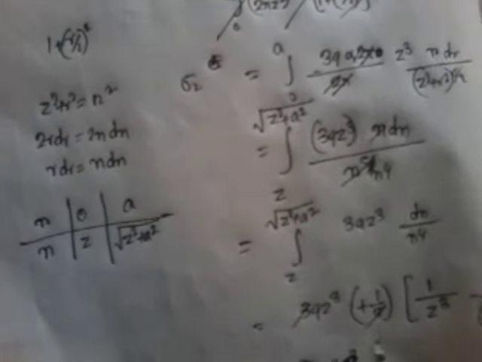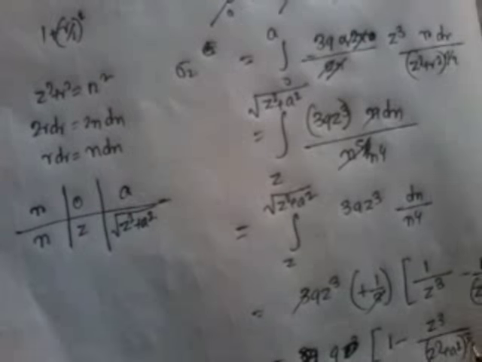Now I multiply it with z cube, so 1 minus z cube by z square plus a square to the power 3 by 2 equal to 1 minus 1 by 1 plus a by z whole square to the power 3 by 2. Now I get the equation.